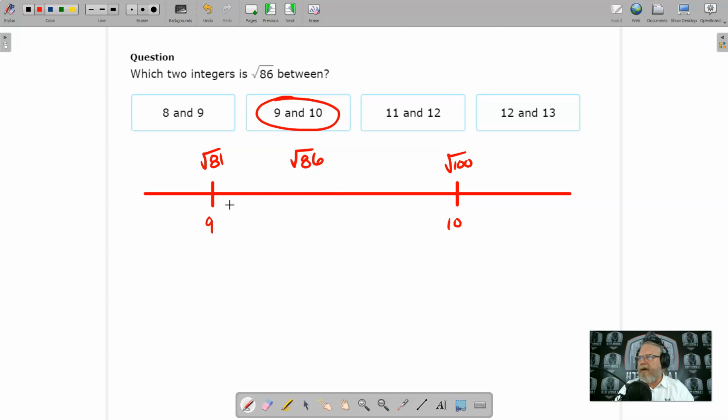To be exact, where it falls in between 81 and 100 is almost a jump of 20. So right in between would be the square root of about 90. And 86 is like right in between those two. So right about here at 0.3. So if you were to use a calculator and do the square root of 86, you would get about 9.3.